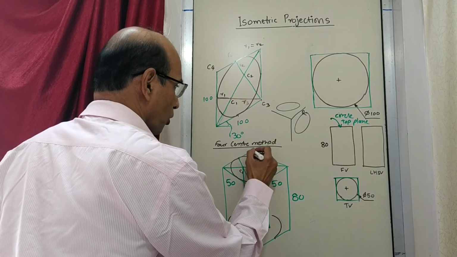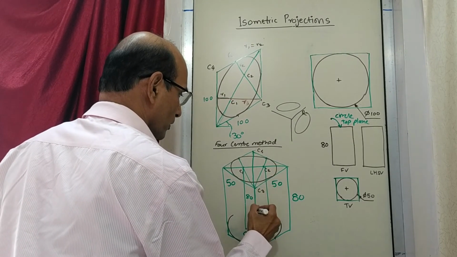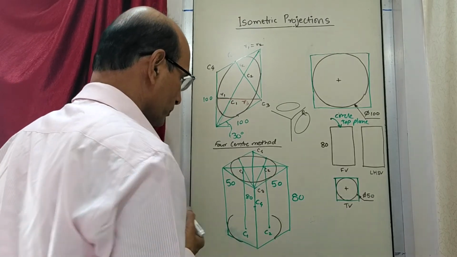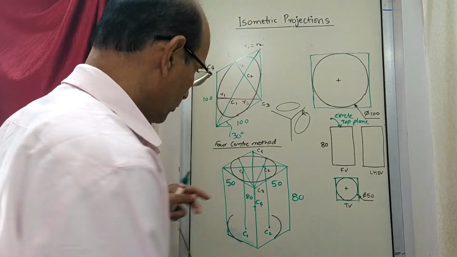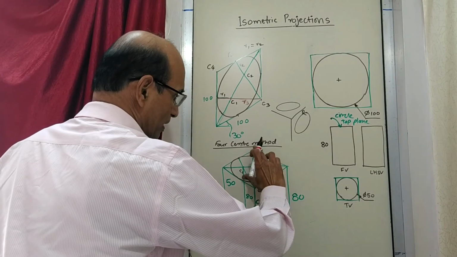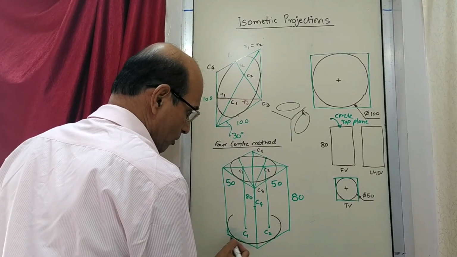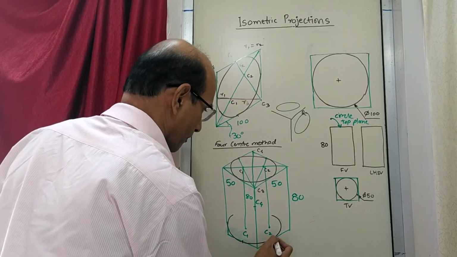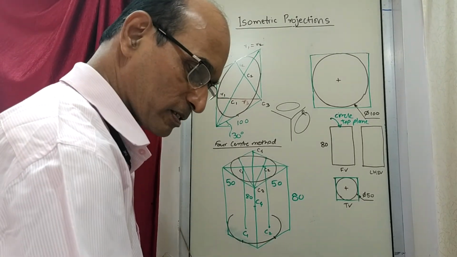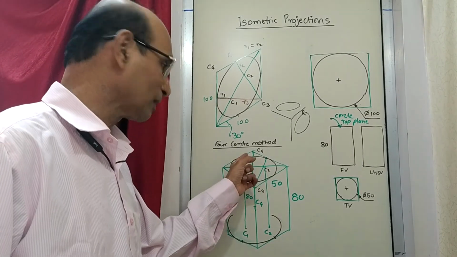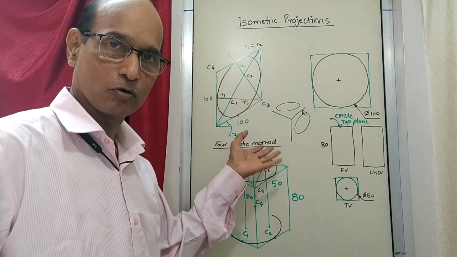So this C4 again you shift down, it will come somewhere here. And with this center and the same radius you used here, you draw the third arc, which will come like this. That means, although there are 4 arcs, we have drawn only 3 arcs because the 4th arc is going behind, it is not seen, so it is not used.